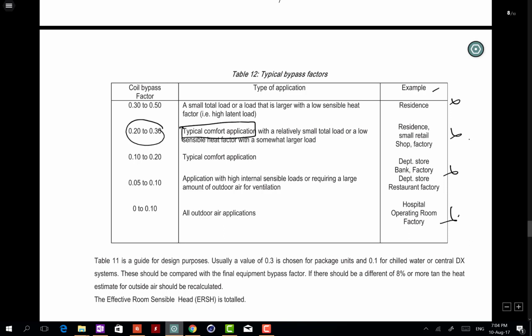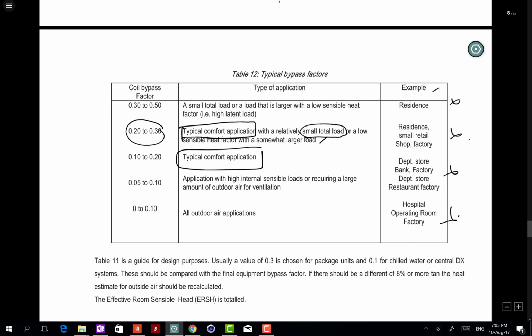So the coil bypass factor basically is the amount of air that is passed to the coil. Okay, sorry, we use the third one. The third one is the typical comfort application, suitable for small load.